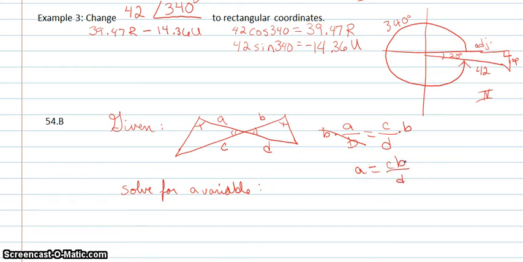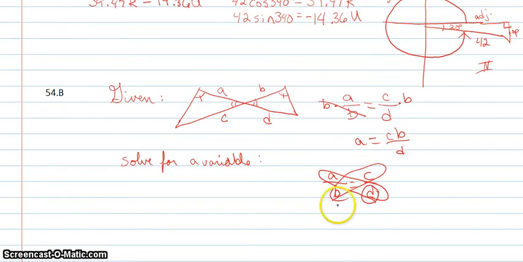Alright, but say if we wanted to solve for a different one, with a over b equals c over d. What if we wanted to solve for one that was on the bottom, like if I wanted to solve for d? We'll use our cross multiplication. So I'd have ad equals bc.